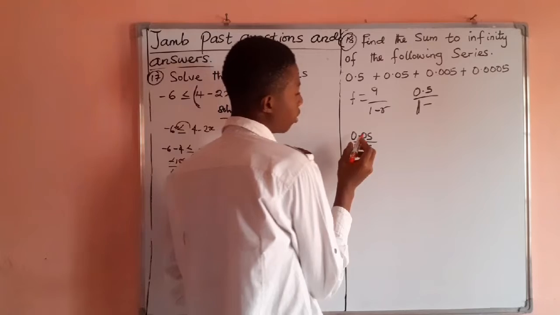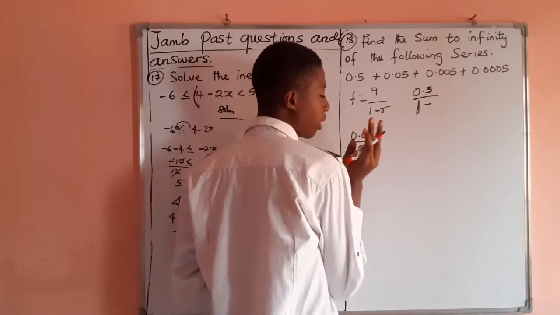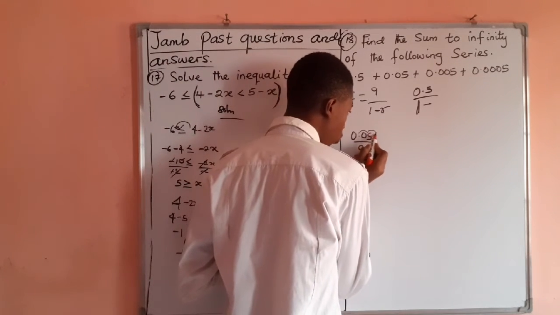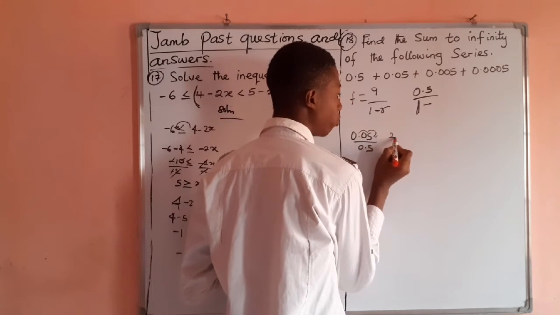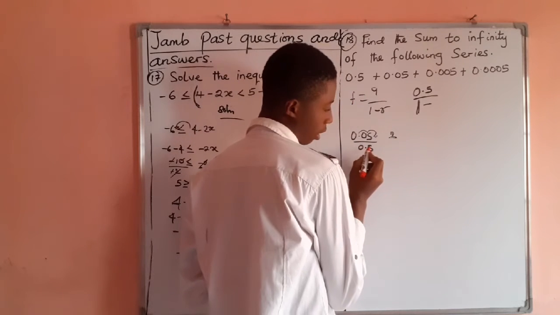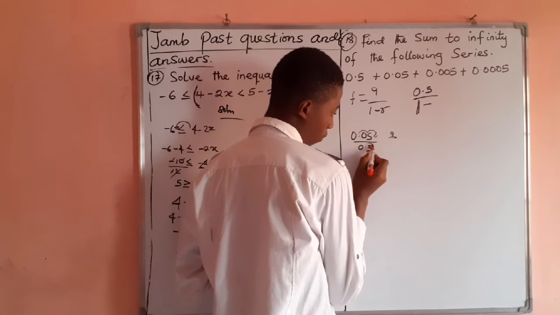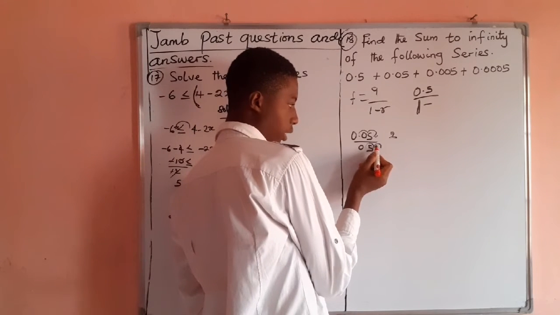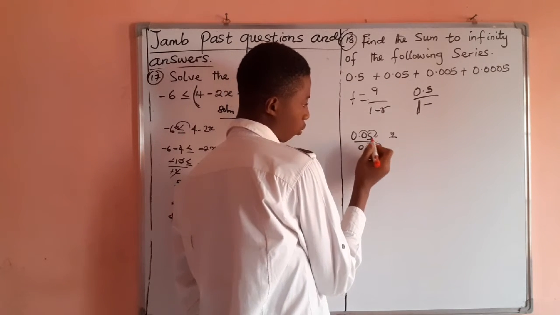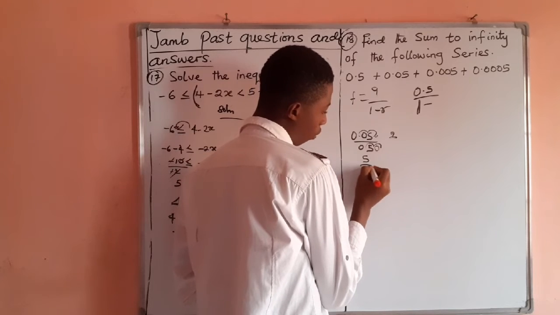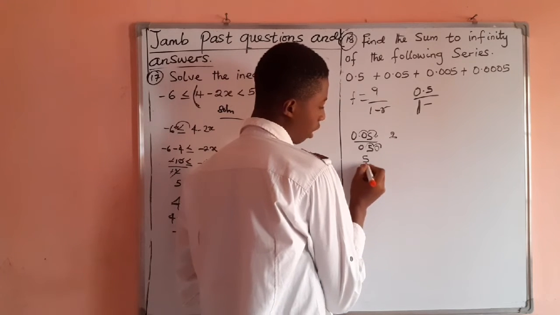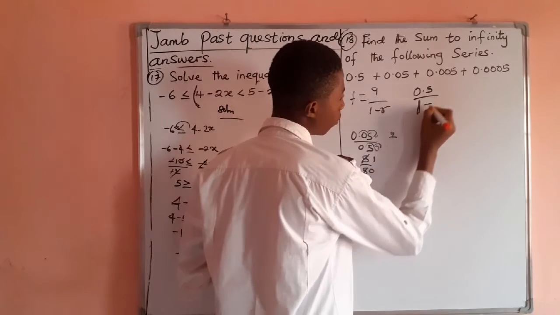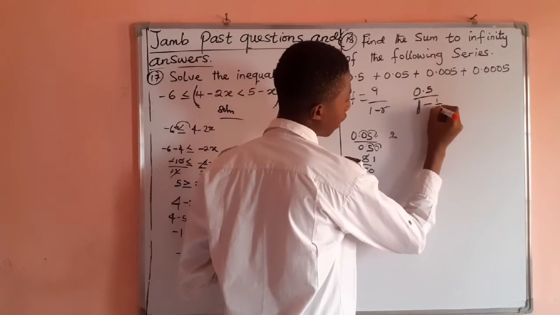To do a division without a calculator, you move the decimal point by 1, 2 places. Since we are looking for 2 places here, we just add a 0. So we have 5 all over 50. Now 5 goes into 5 once, and 5 goes into 50 ten times. So our common ratio is 1 over 10.